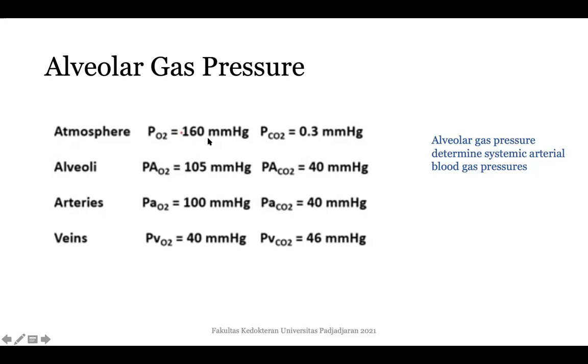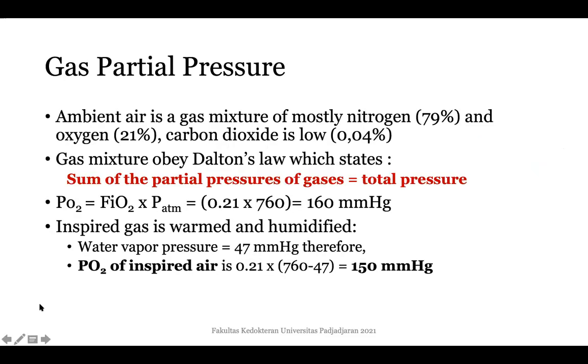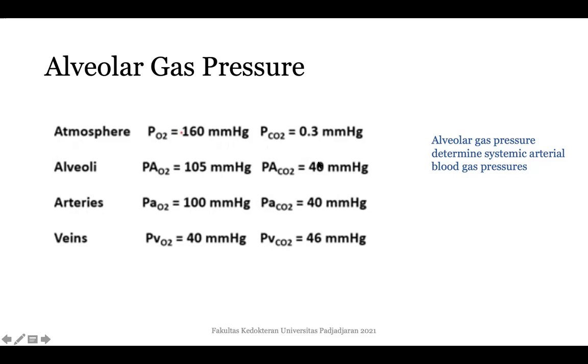For CO2, we have a different issue: CO2 is constantly diffusing into the lung. That means that the pressure of CO2 in the alveoli is going to be much greater than the almost negligible pressure of CO2 in the air that's coming in.